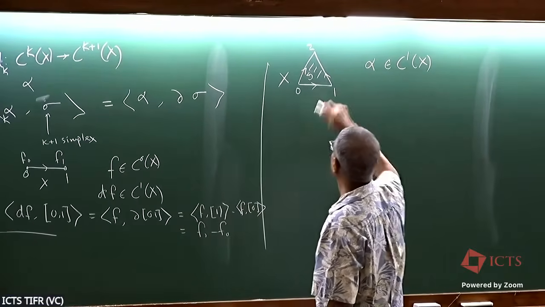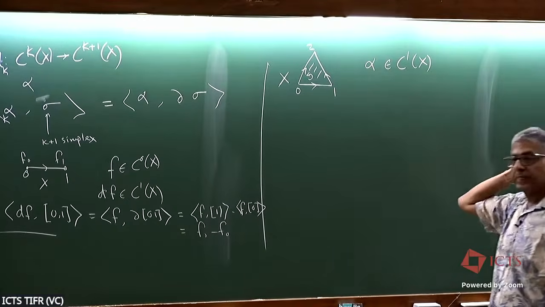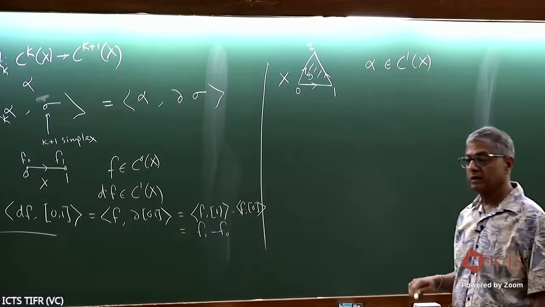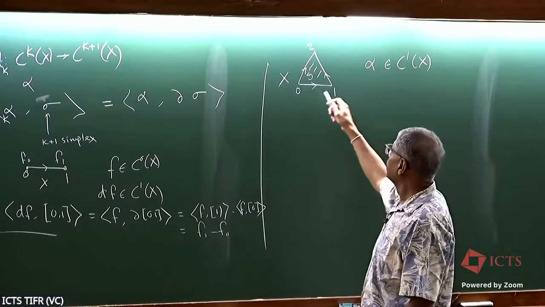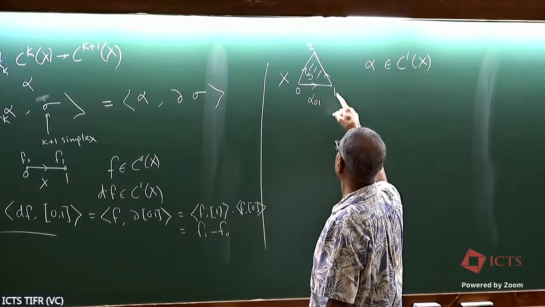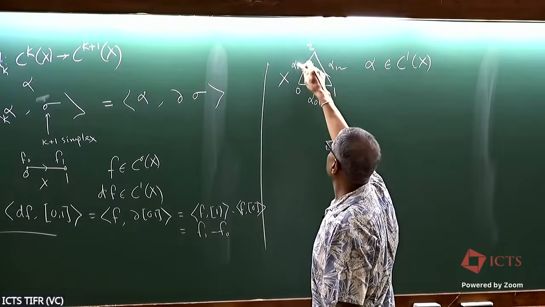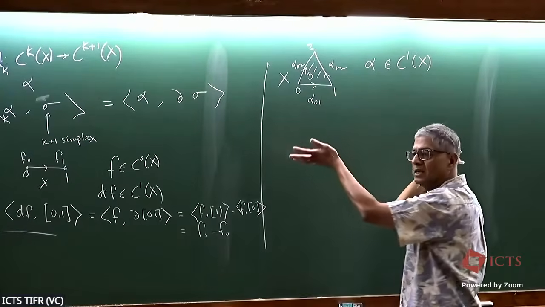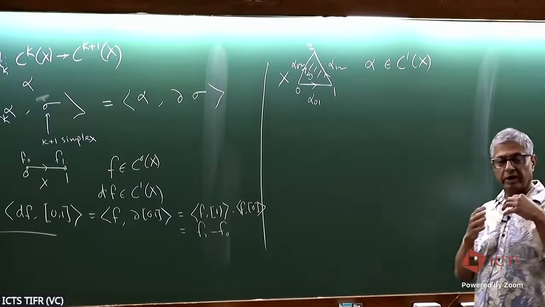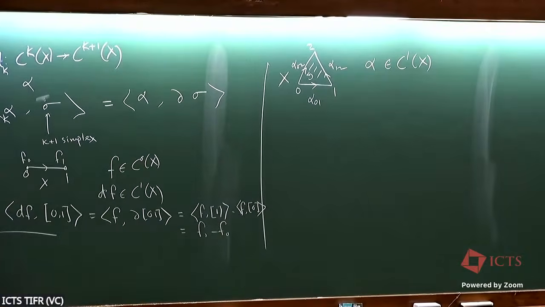A one co-chain will be something that takes values on the edges, and its D will be something that takes values on the triangle. And you will see what it will be, if let's say the value on this edge is alpha 0, 1, the value on this edge is alpha 1, 2, and the value on this edge is alpha 0, 2. It will be just the sum of these with the sign taken care of. The sign will be whether the orientation of the triangle agrees with the edge orientation or disagrees.